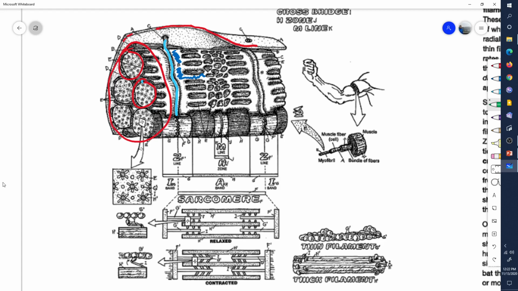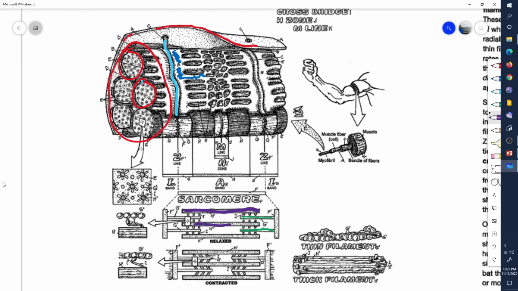What I'm about to trace is a filament of actin right along here. Let me get a thicker pen. These are strands of actin. These others, the thicker ones, are called myosin.